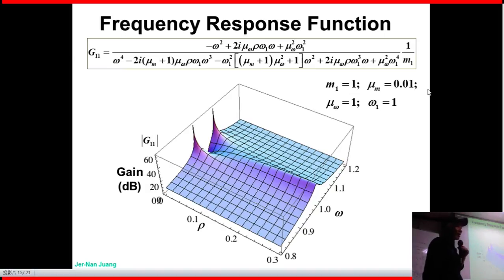So your tuned mass, if you use the 101 as an example, this 1% is also a little bit high. Maybe less than 1%, maybe 0.1%, or even less than that. But assume this is just 1% of your system mass. And mu omega equal to 1. That means I say, well, I want to tune my TMD frequency the same as the system frequency.